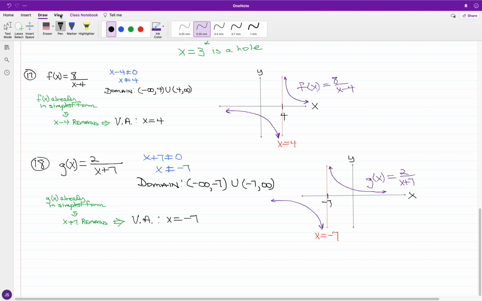And just to give you a bit of backdrop, for number 20, we have a function k of x is equal to x plus 2 all over 3x squared plus 8x minus 3.